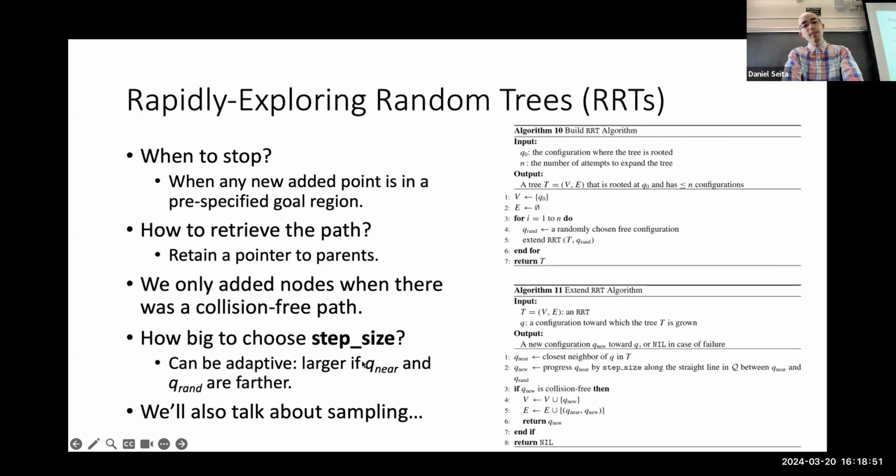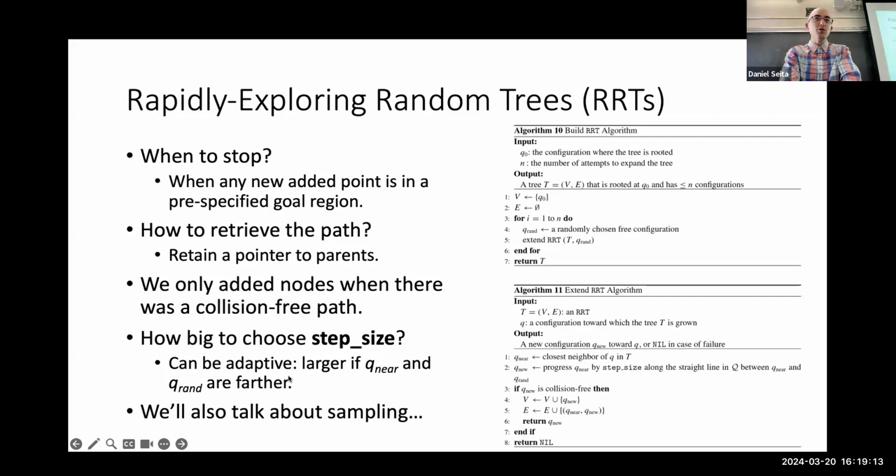Especially if the nearest point in the tree is very far from the point that is sampled, then you might as well choose a bigger step size so that you can try making more progress towards that randomly chosen point.